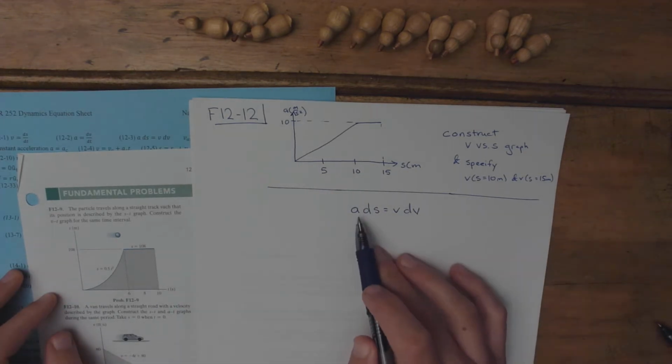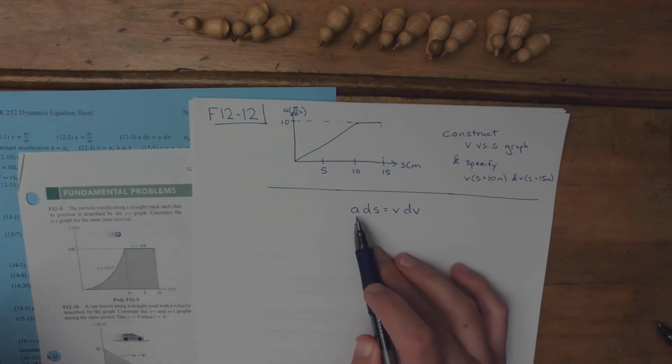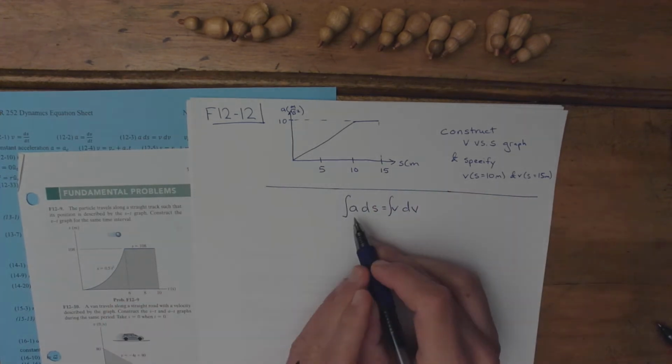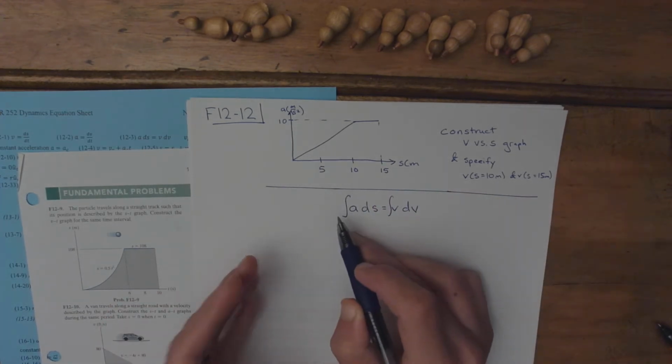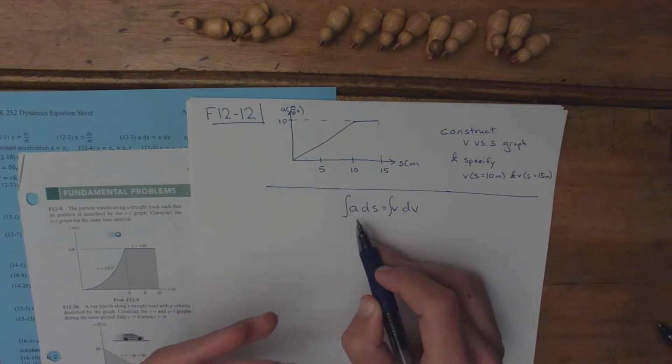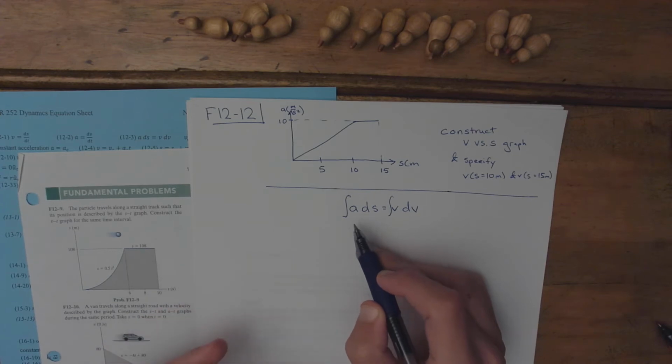So when I integrate this, I need to know how the acceleration is related to the position. If I put my integral signs in here, I can't pull the acceleration outside of the integral because the acceleration does depend on the position, but I can't integrate it unless I know how it depends on the position.